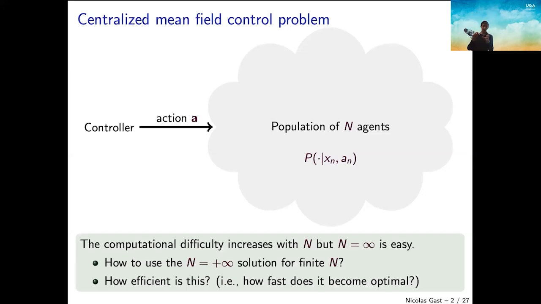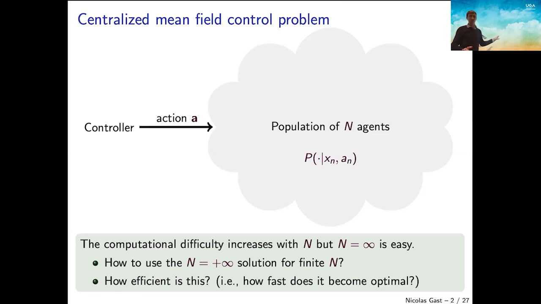And so the general idea that we are going to use is some mean field control idea, is that in a normal world, the size of the problem increases with n, okay, with the number of agents. But somehow, if you look at n equals infinity, the problem is simple. And so the idea is that we can solve the n infinity problem. And I will show you that for these kind of examples, these are really simple problems, like linear problems.